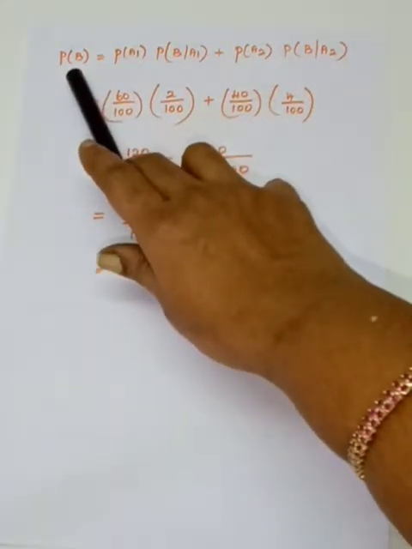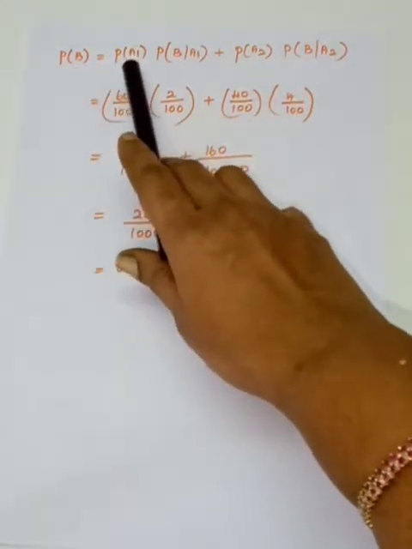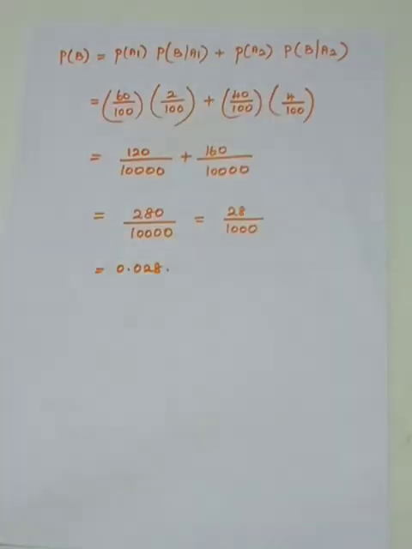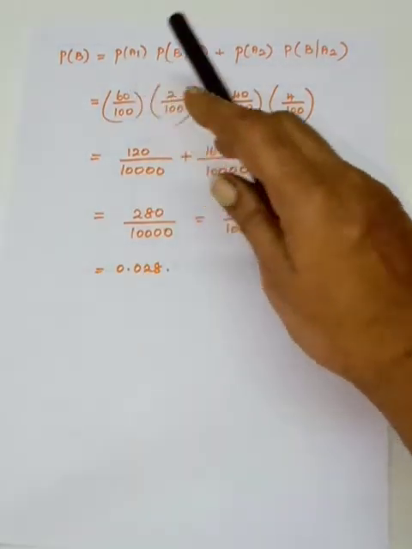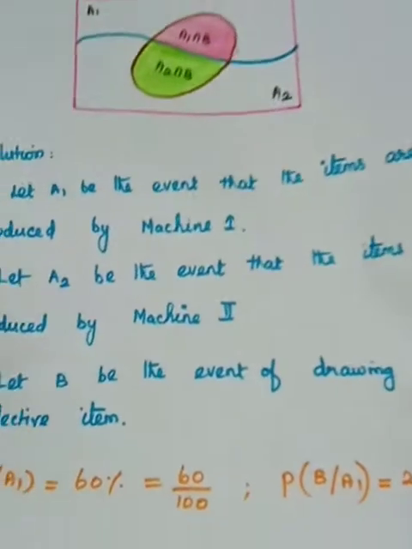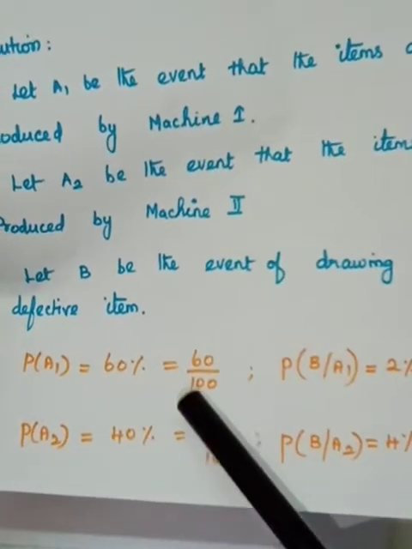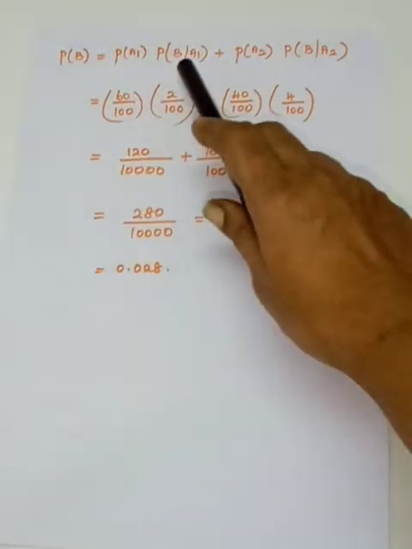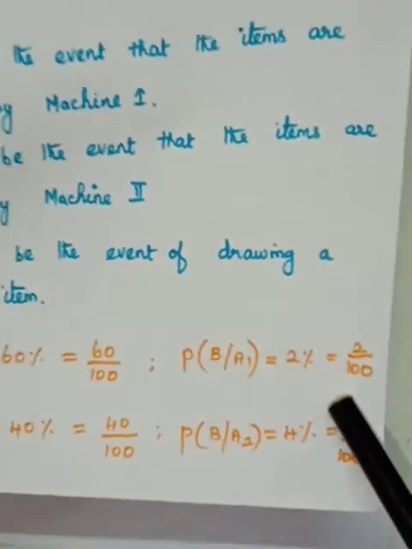P of B is equal to P of A1 into P of B by A1 plus P of A2 into P of B by A2. A1 is the event that the items are produced by machine 1, so we have 60 by 100 into P of B by A1, which is 2 by 100.